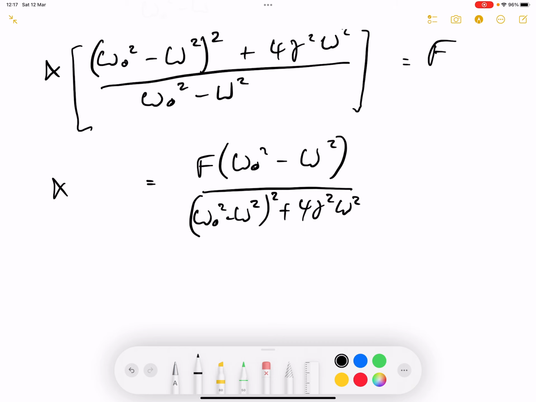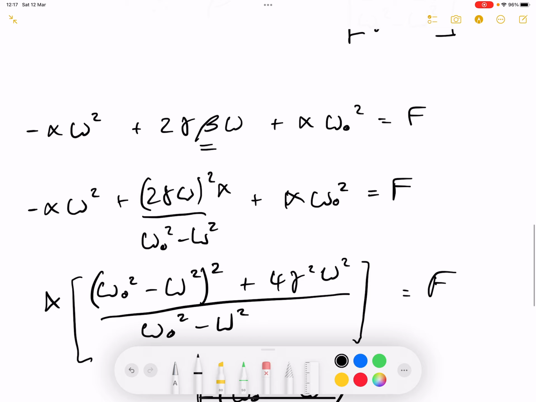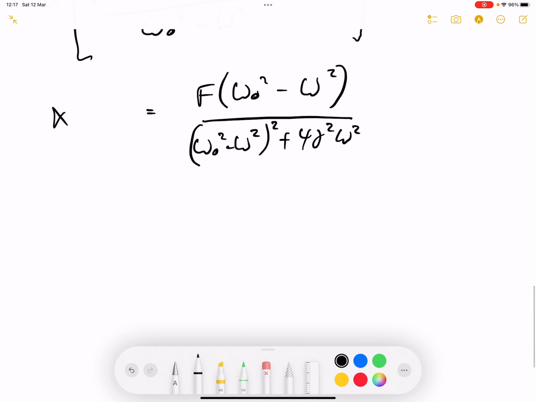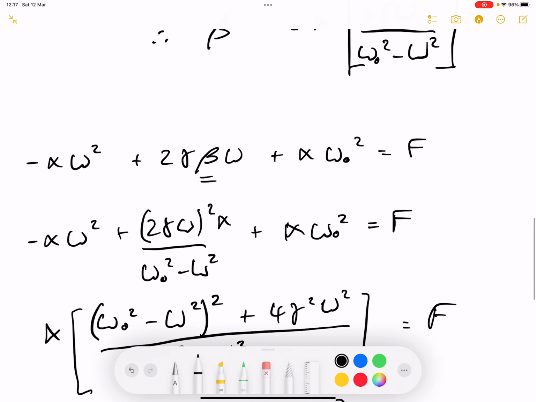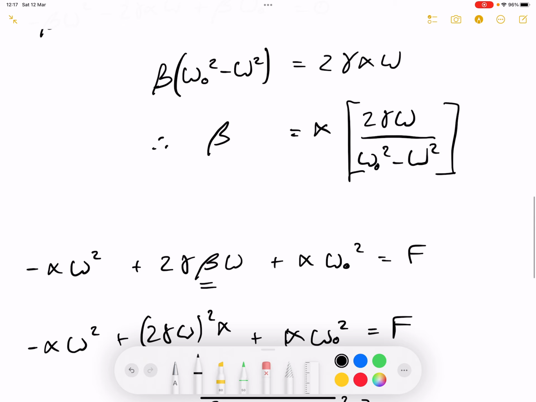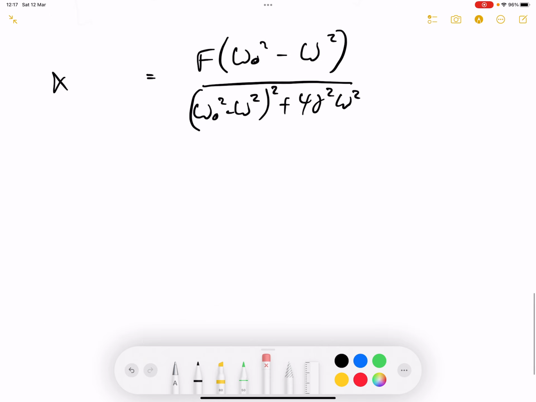That is quite simply what alpha is. So we have alpha and beta. That is rather interesting. And also, if you look here, we're going to be able to cancel this bit for the beta part.